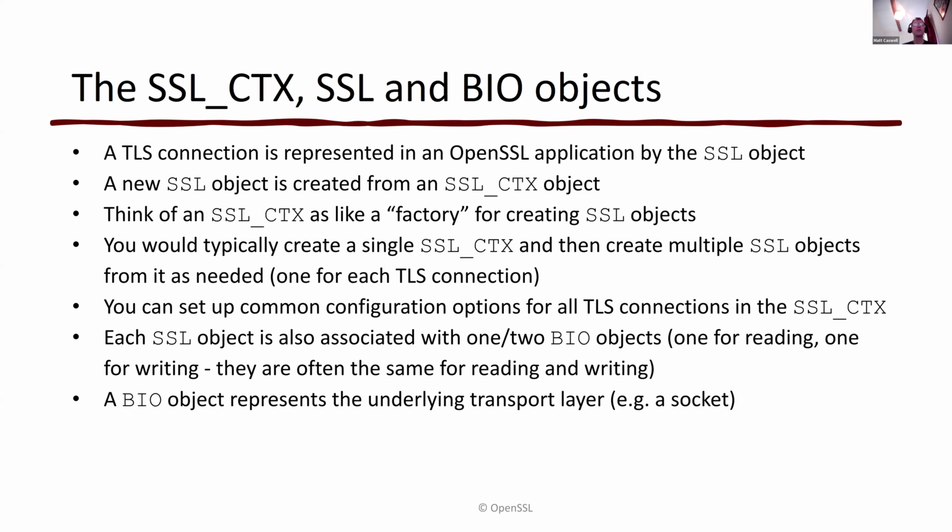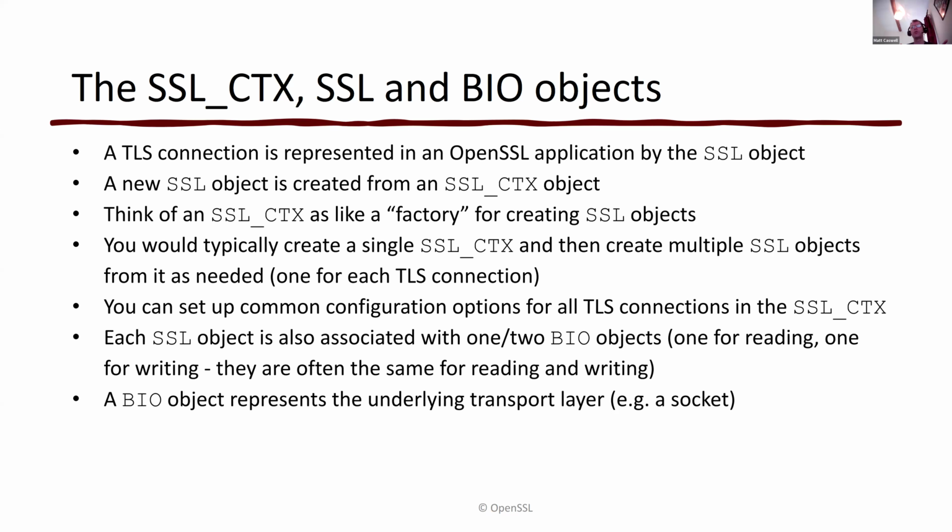In order to create one of those, we use another object, which we call the SSL_CTX, or just SSL context object. So you can think of an SSL context as a bit like a factory. Its job is to create SSL objects.